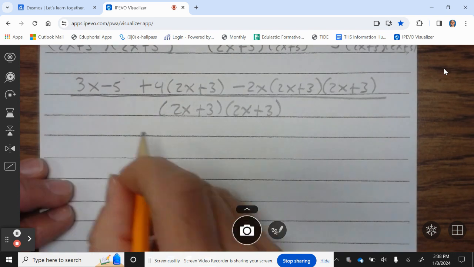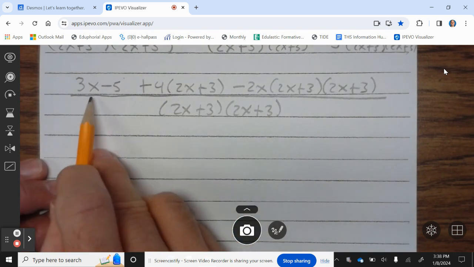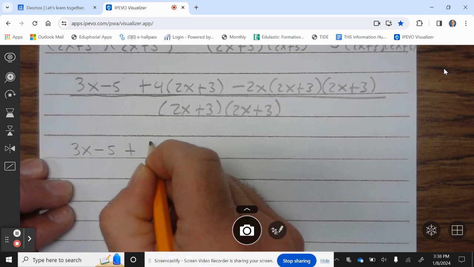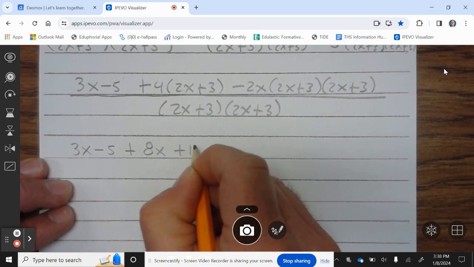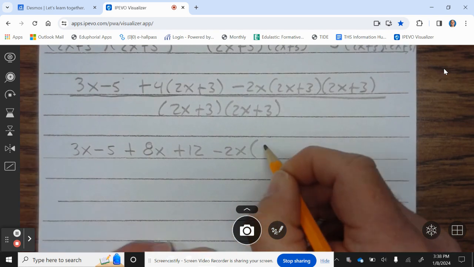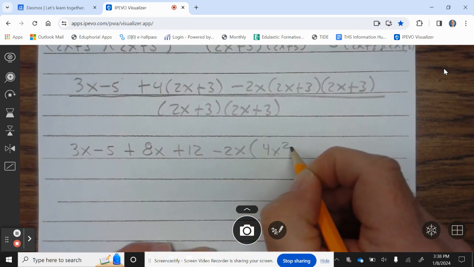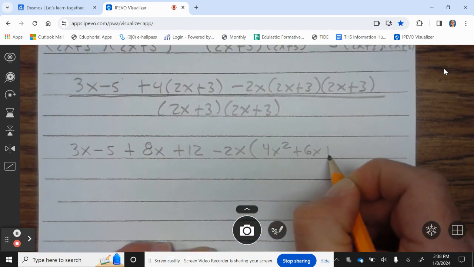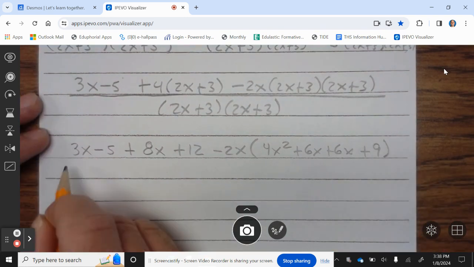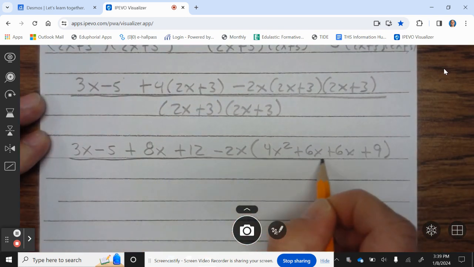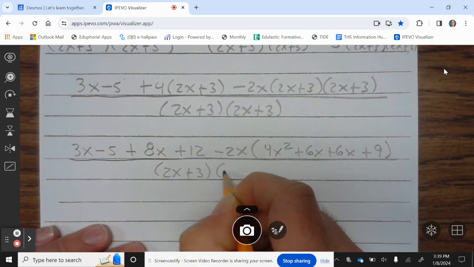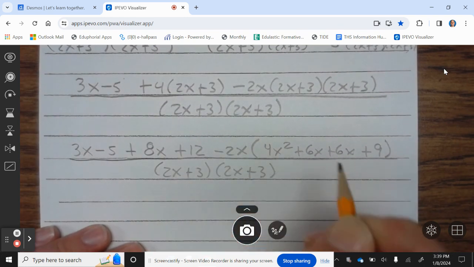Okay, so then let's combine terms. So we have 3x minus 5 plus 8x plus 12 minus 2x. Let's go ahead and FOIL that. That becomes 4x squared plus 6x plus 6x plus 9, divided by 2x plus 3 times 2x plus 3.